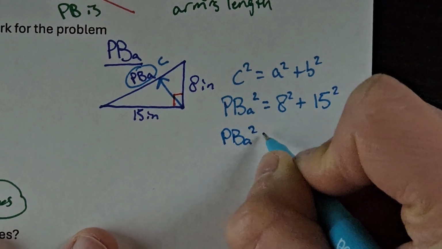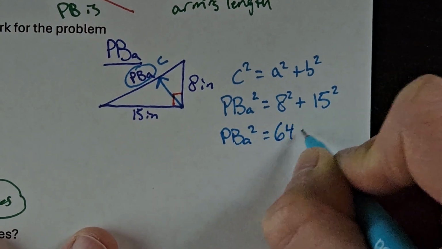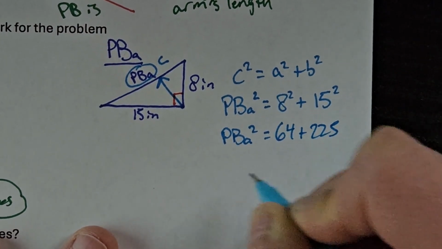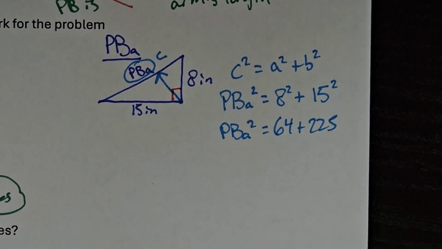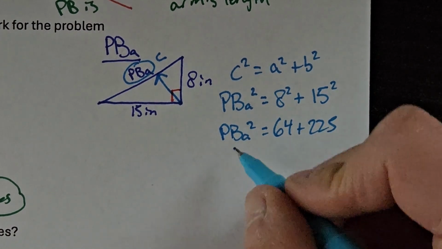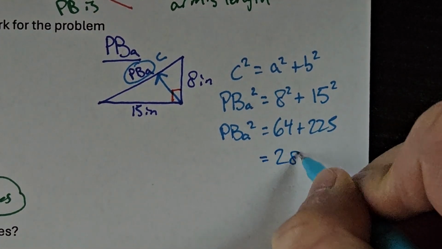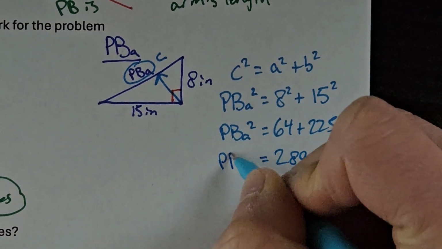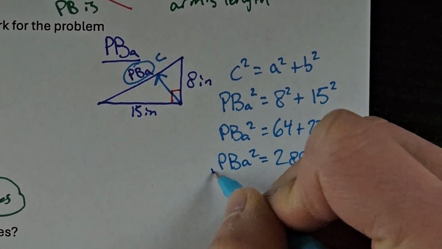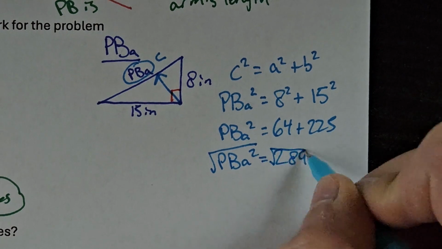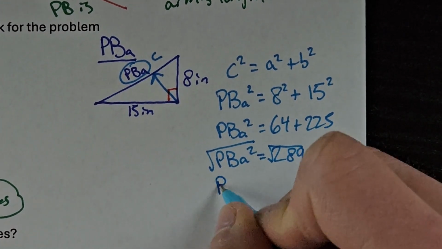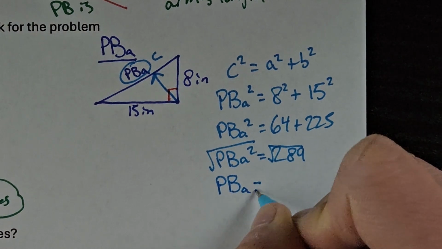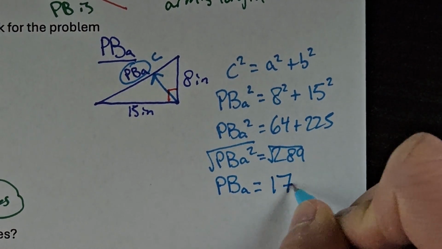PBA squared would be equal to 64 plus 225, which is equal to 289. Doing the inverse of a squared is doing a square root. So that means PBA, the peanut butter at arm's length, will be 17 inches away from me.